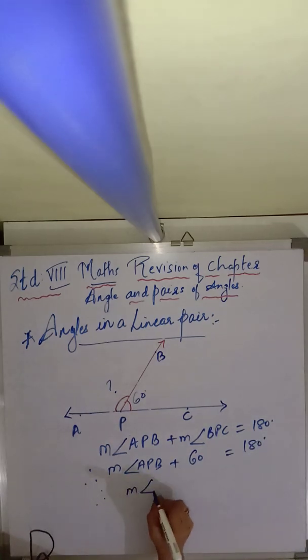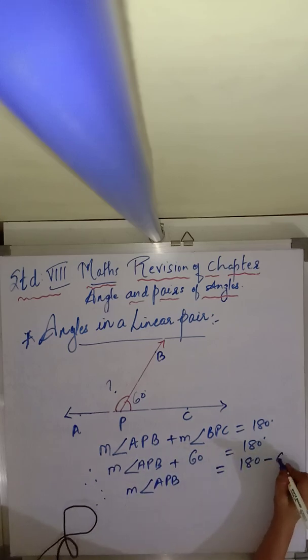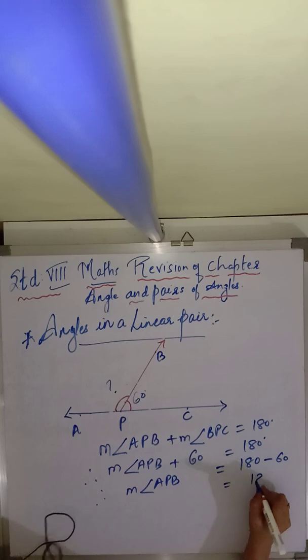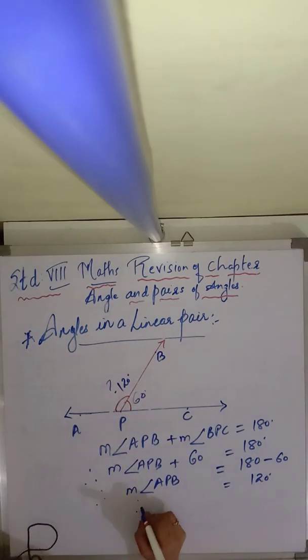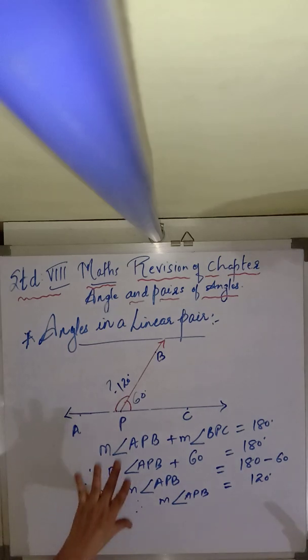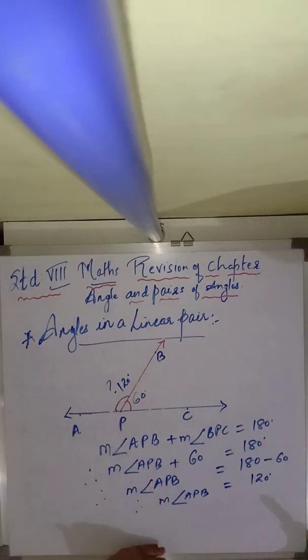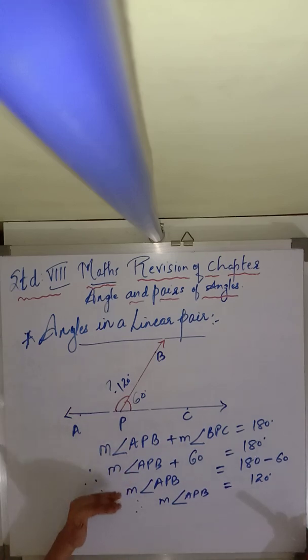Therefore measure angle APB is equal to 180 minus 60, and that is equal to 120 degrees. Hence this angle is 120 degrees. Therefore measure angle APB is equal to 120 degrees. These are the step by step calculations. Somewhere, if it is asked for 1 mark, you can write directly, but if it is asked for 2 marks, or where you have to show some steps, in that case you can write the step by step calculation.